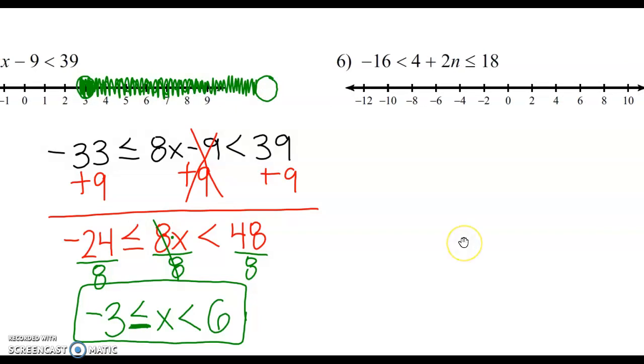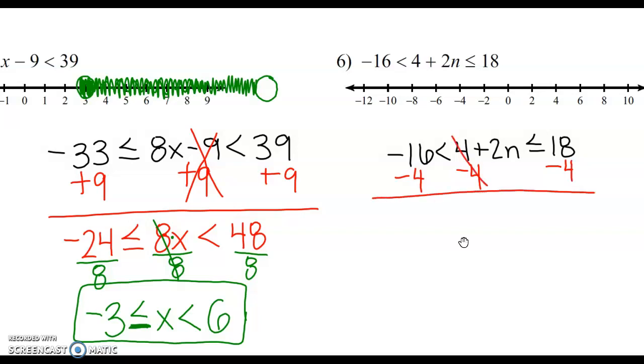Looking here on number 6, we've got -16 less than 4 plus 2n less than or equal to 18. So looking in the middle, to move a +4, I subtract 4 on the middle, the left, and the right. So -16 minus 4 is -20, less than 2n, less than or equal to 18 minus 4 is 14.